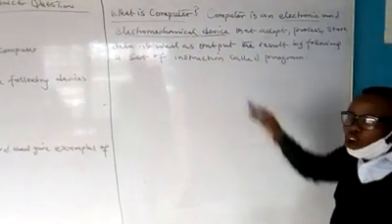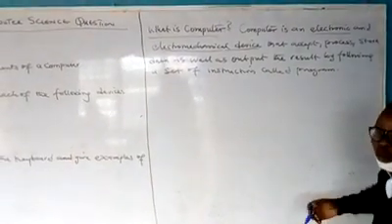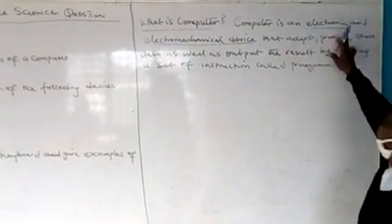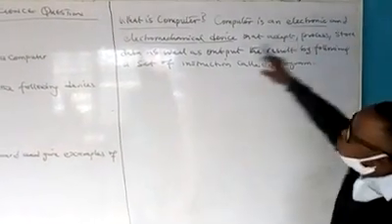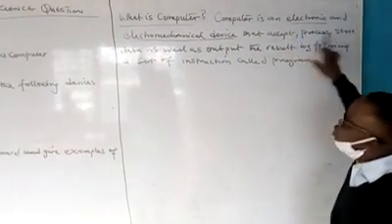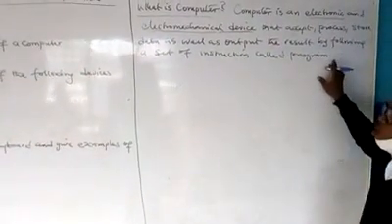And a device is a component that aids or assists other devices to function well, that accepts, processes, stores data as well as outputs the result by following a set of instructions called program.